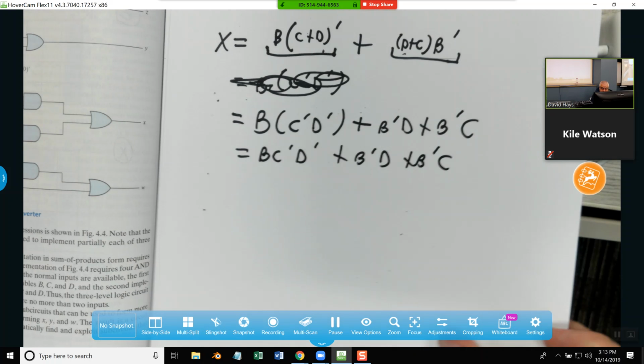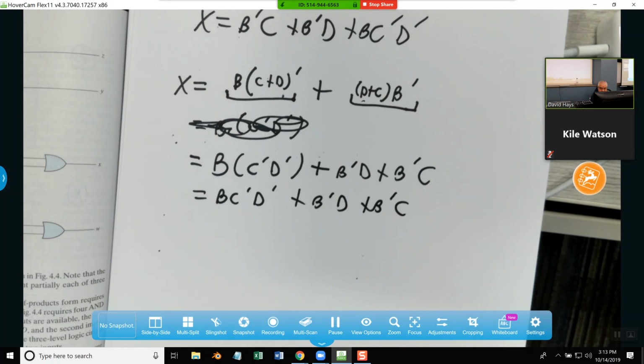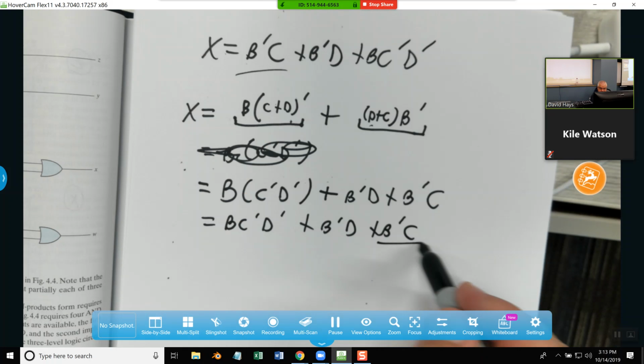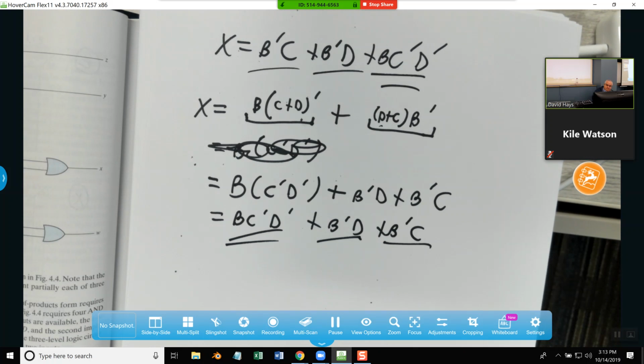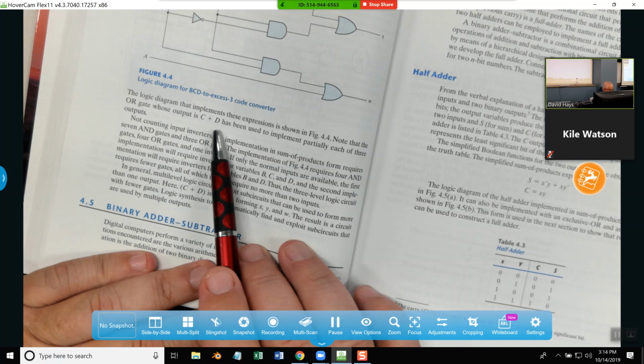The implementation of figure 4.4 requires 4 AND gates, 4 OR gates, and 1 inverter. If only the normal inputs are available, the first implementation will require inverters for variables B, C, and D, and the second implementation will require inverters for variables B and D. Thus, the 3-level logic circuit requires fewer gates, all of which in turn require no more than 2 inputs.